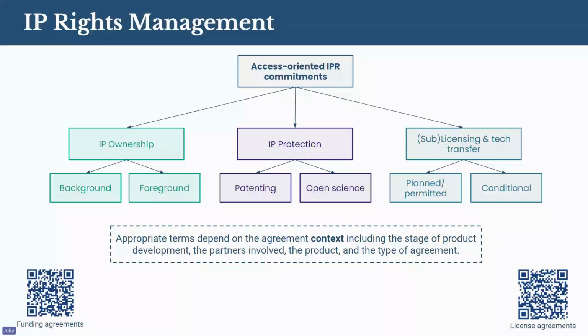So the kinds of provisions that you need to address, for instance, in IP ownership: background ownership of IP versus foreground, or what's created during the project, and then sub-licensing and tech transfer. Also, I'm sure of interest to you, what is actually permitted, and are there conditions on that?